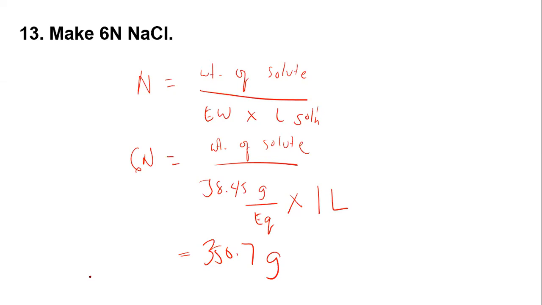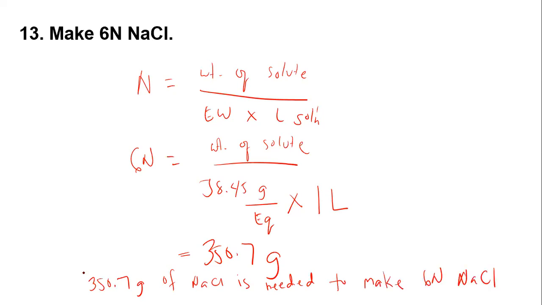So, you can just write, no? 350.7 grams of NaCl is needed to make 6N NaCl. And then you box the final answer.